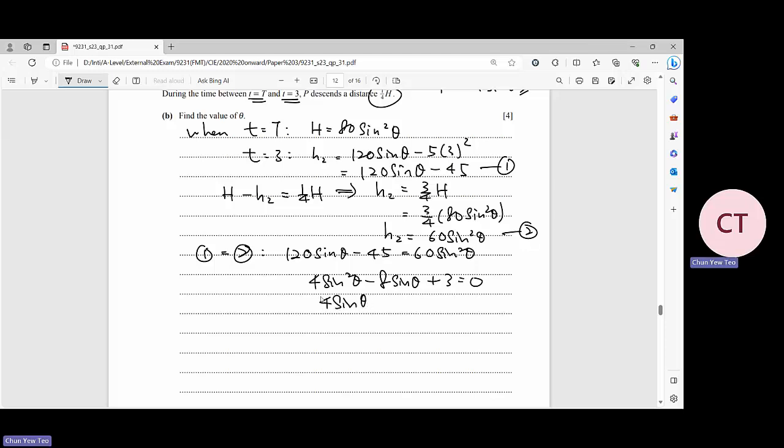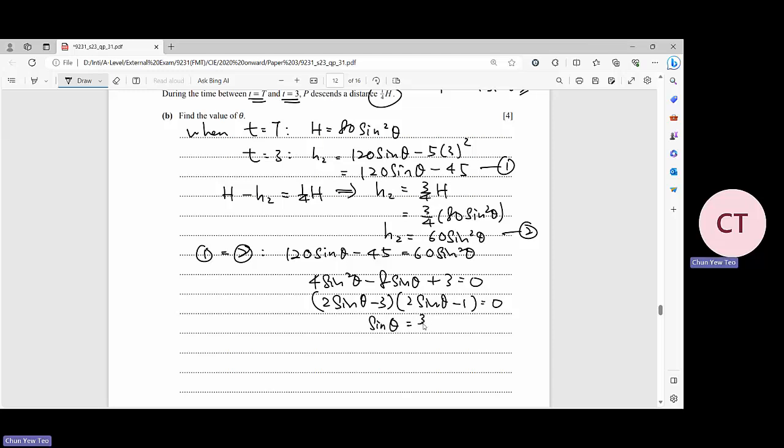So we try to factorize it. Okay, not correct. We need to make it 2 here and 2 here. Then this one will be negative 3 and negative 1.